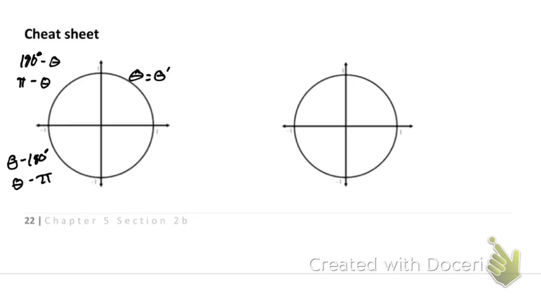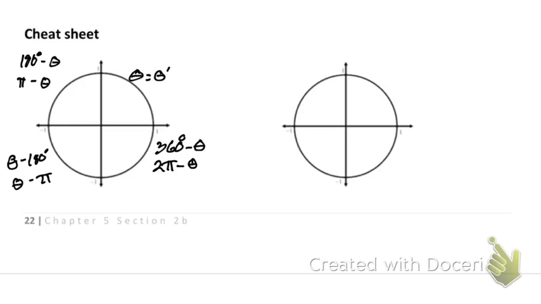Finally, if you're in quadrant 4, you're going to do 360 minus your angle, or not 360, but 2 pi minus your angle. Remember, if you ever flip your subtraction, just make sure you make it positive. So if I'm in quadrant 2 and I accidentally do my angle minus 180, I'm just going to come up with a negative angle, make it positive, and you are good to go.